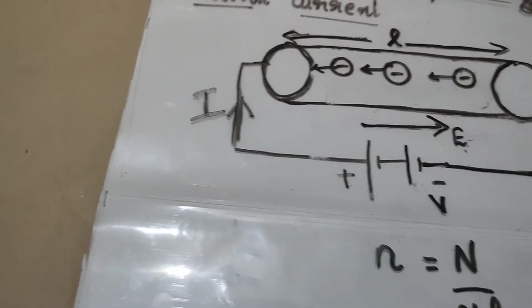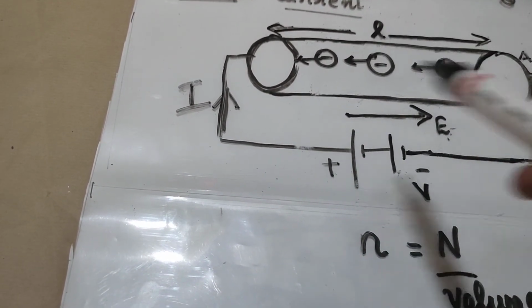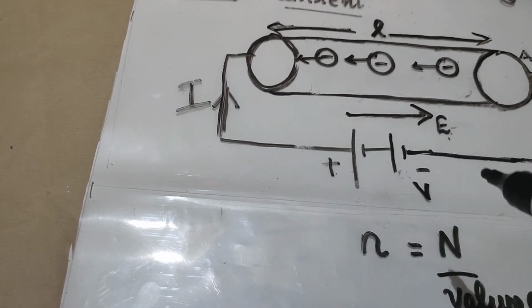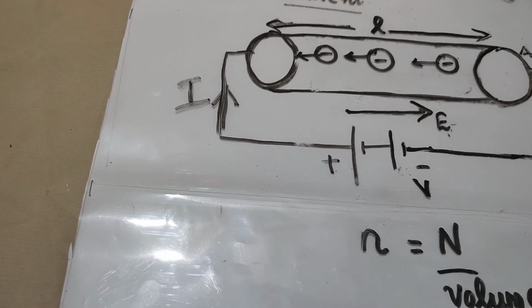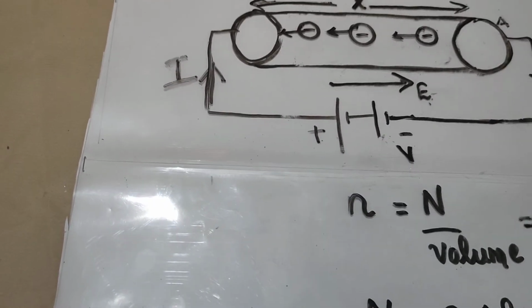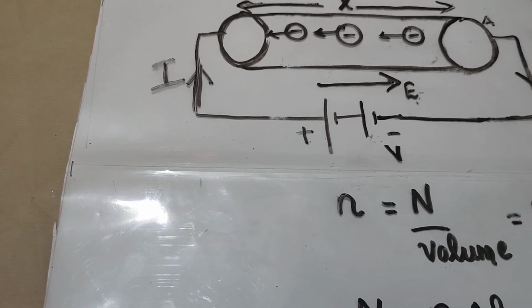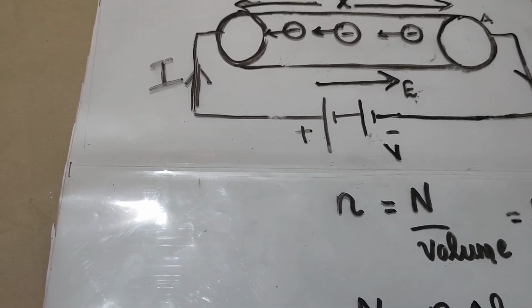And again consider this figure. Whenever electrons move across a conductor, current is produced. So due to this motion also, current is produced. Let us write an equation for current I. What is current I? I is equal to Q by t. That is, whenever charge moves across a conductor, current is produced.